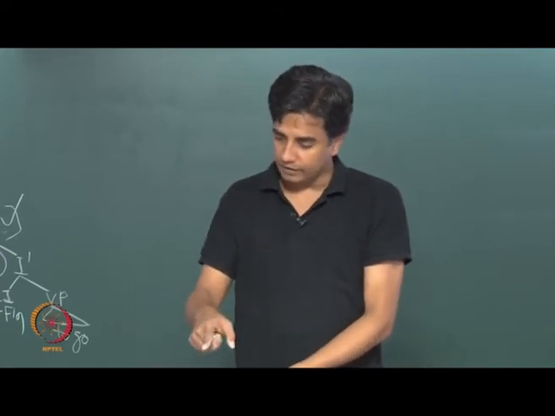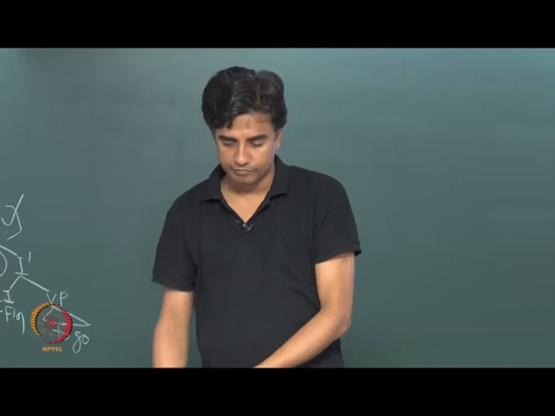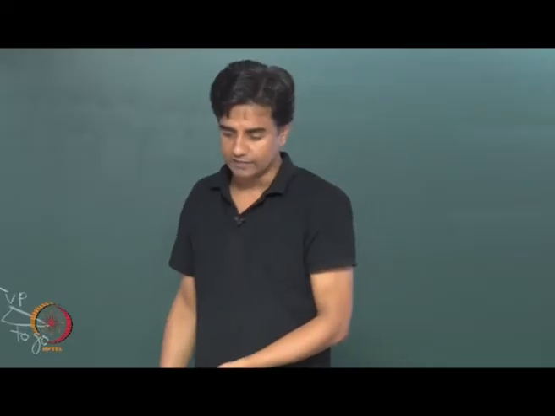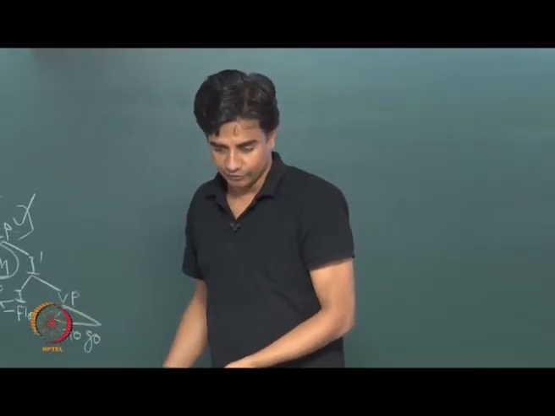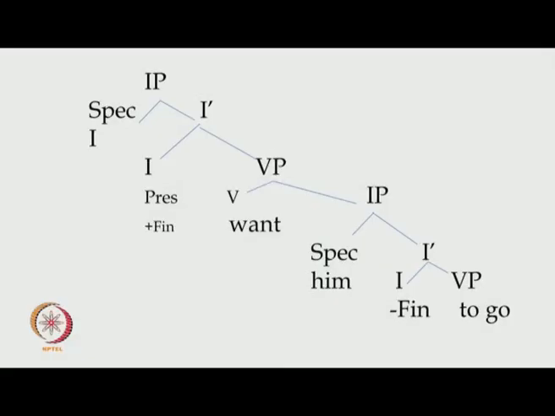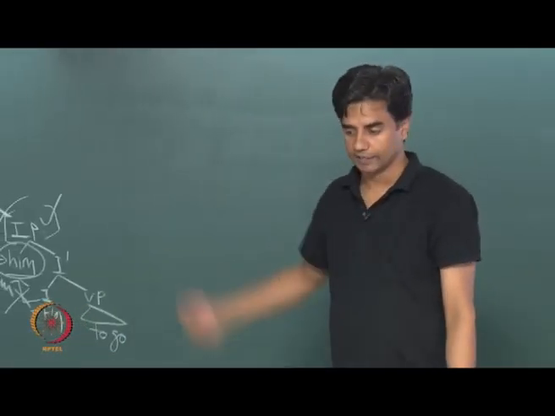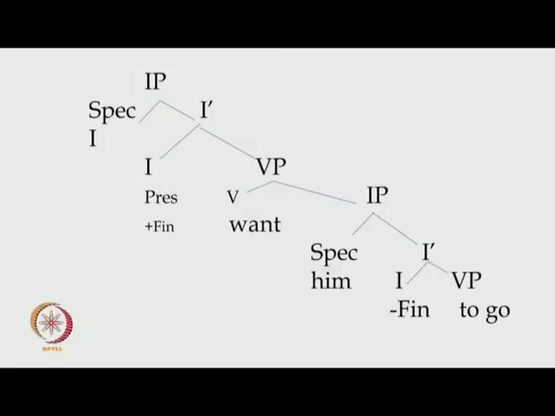So, we already looked at this thing. "Him to go" is an IP. It's not a full-fledged IP, it's a non-finite IP, and this is what saved the theory for the time being. This is how it looks, and this is what I have been trying to show you on the board. We needed a diagram on the board, but this is how it looks. All right?